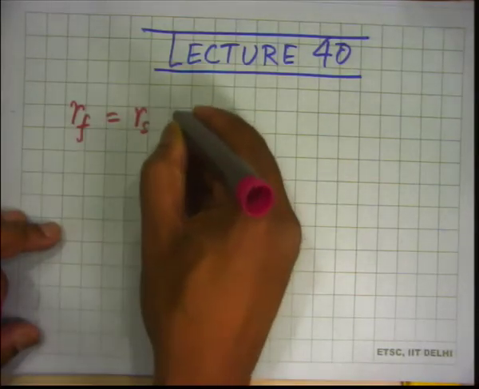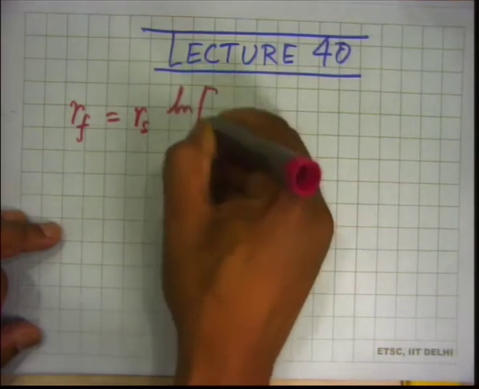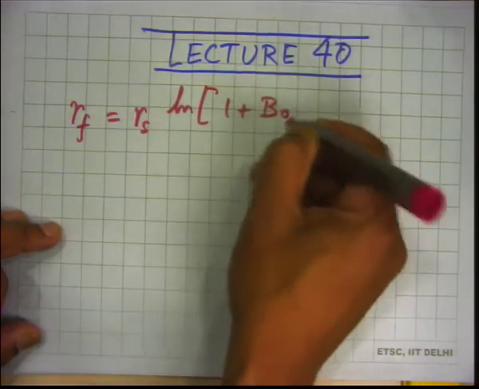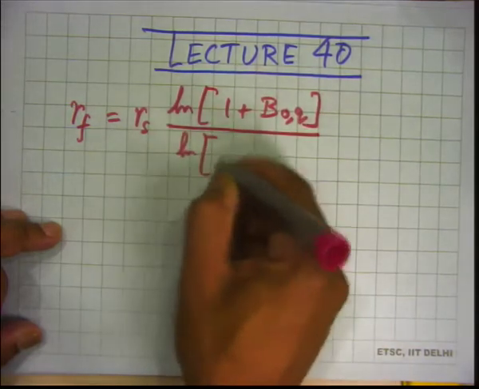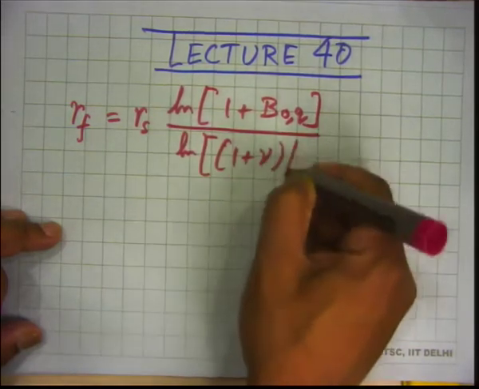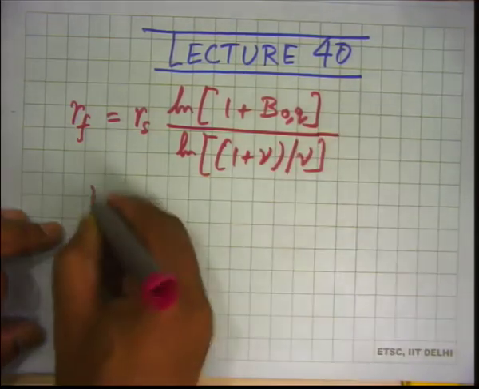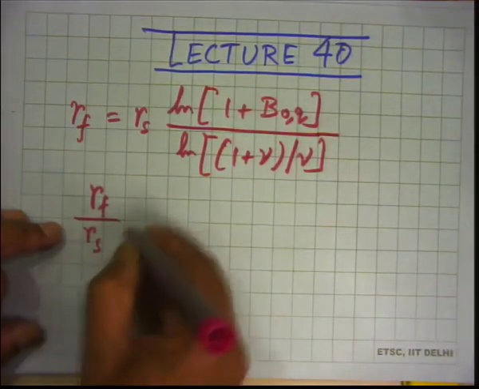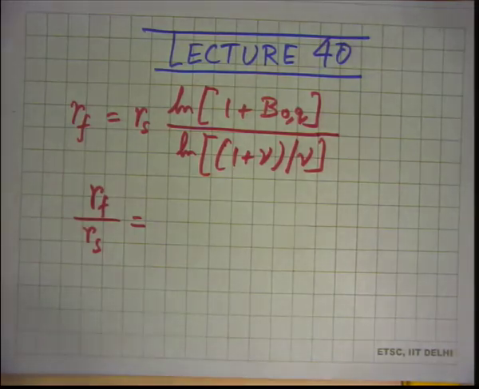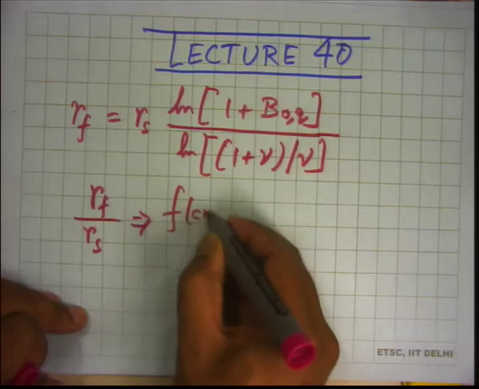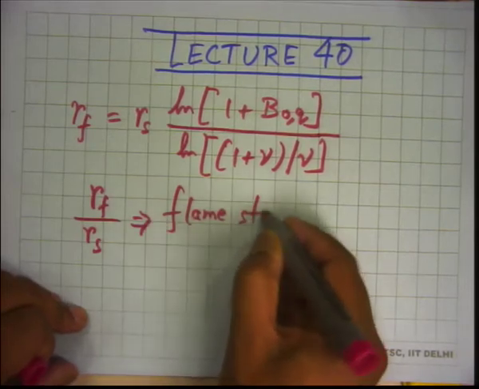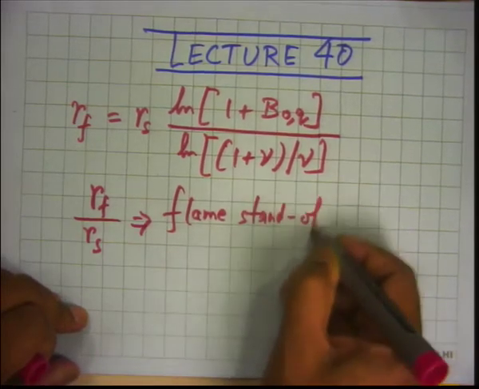Rf is Rs times log of 1 plus B_O,Q divided by log of (nu plus 1) divided by nu. In fact, Rf by Rs has a name. This is called a flame standoff ratio.